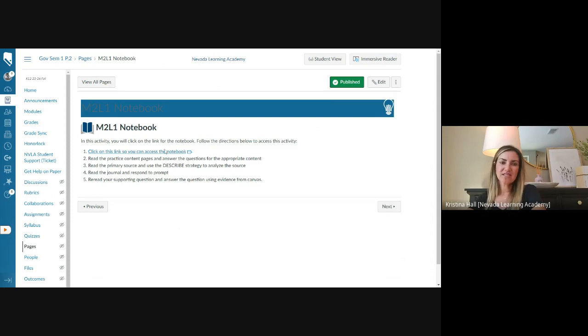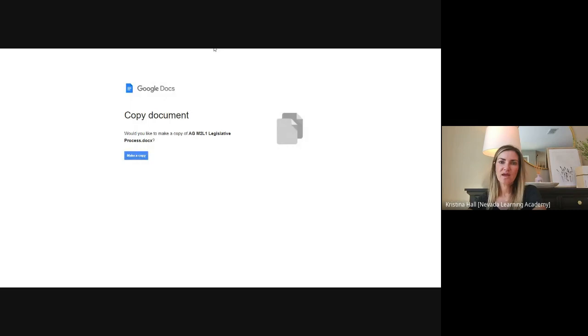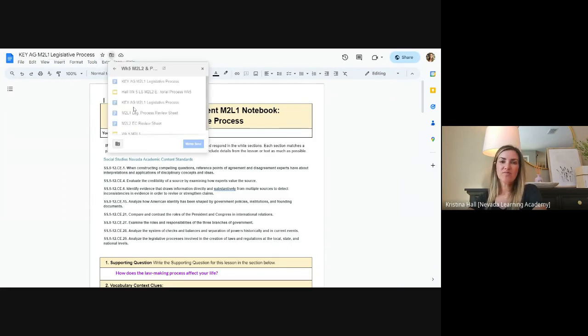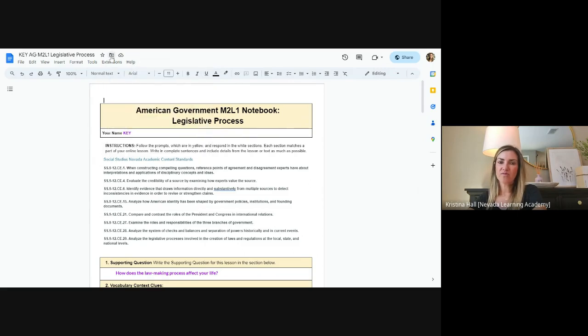Okay, so into next, let's go ahead and open our notebook. Okay, make a copy, open it up. Once it's open, you can rename it if you want. So same things we always do. Okay, move it, put it in your government folder. So if you haven't created one, create a government folder. We've been over this a bunch now. And then make it shareable.